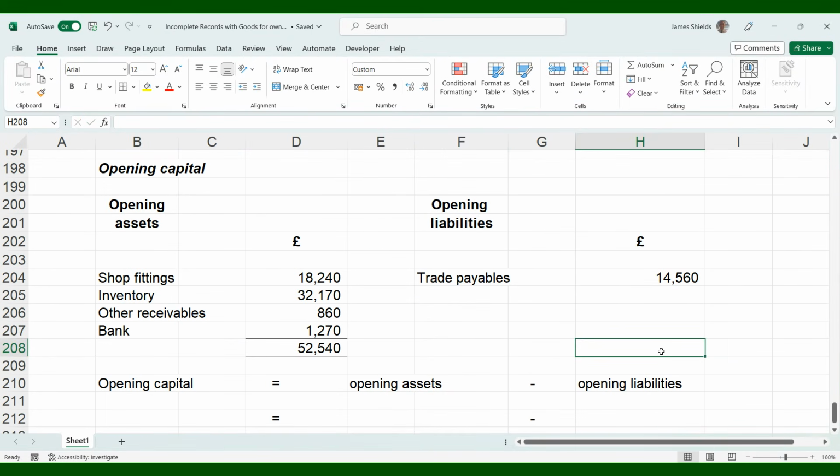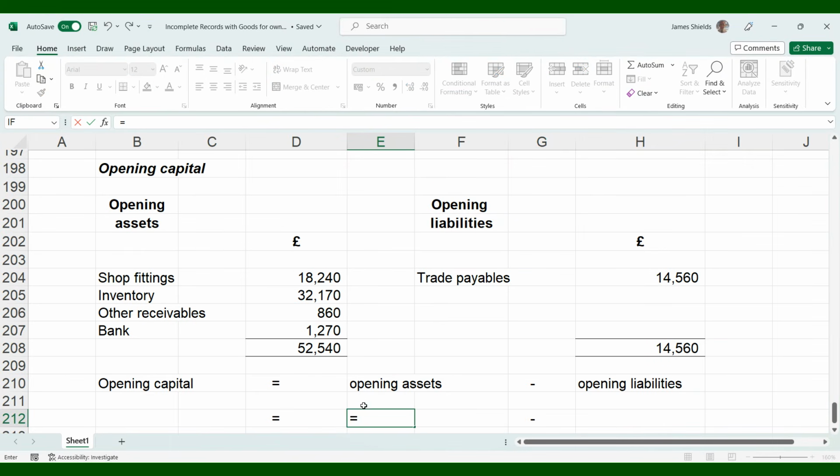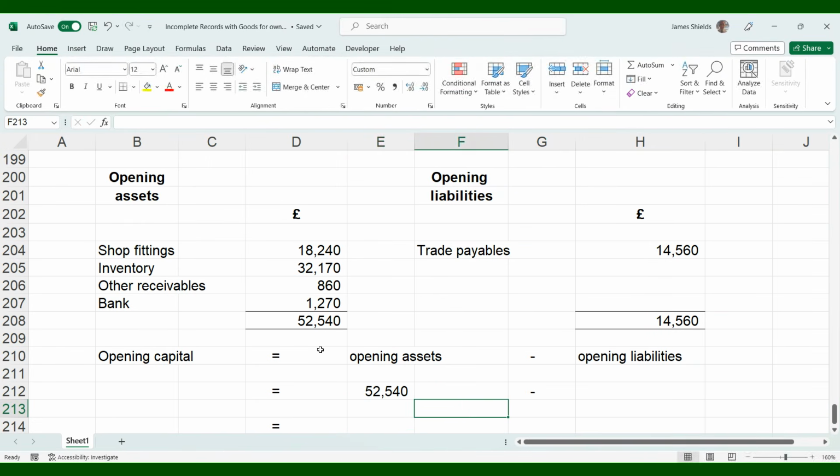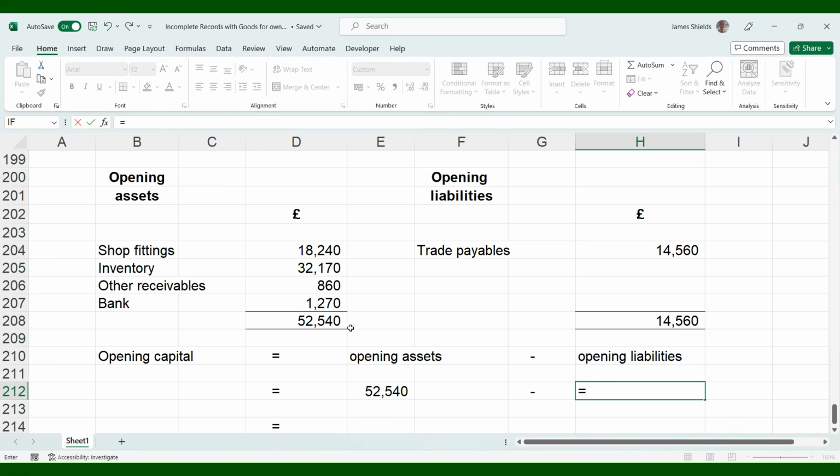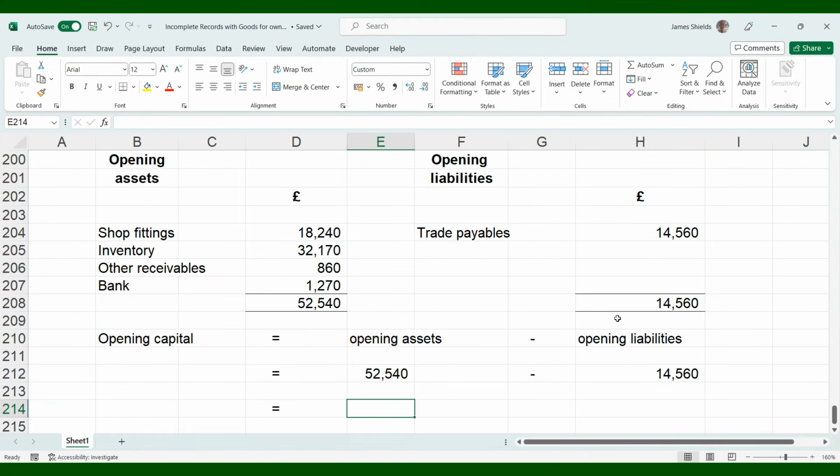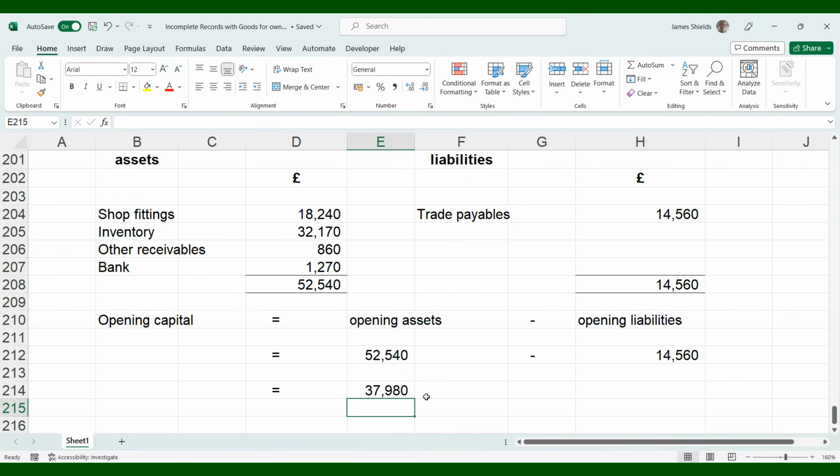As it was the only one, the total for opening liabilities is £14,560. So the opening capital then is going to be opening assets of £52,540, take away opening liabilities of £14,560, which gives us a difference of £37,980. So that's our opening capital.